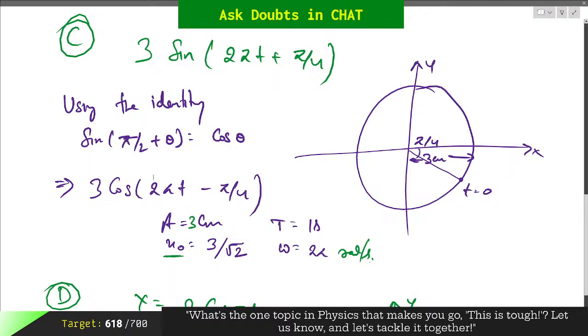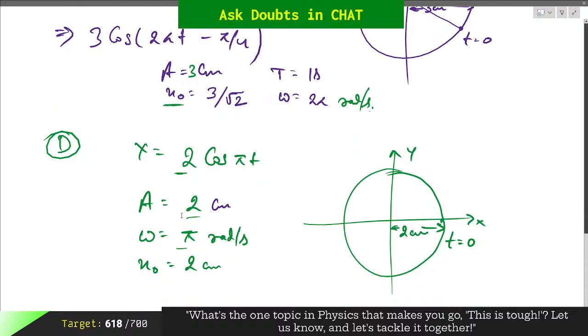So amplitude is the coefficient of this cosine function, that is 3, and x naught, the position at t equals to 0, is 3 cos of minus pi by 4, that would be equal to 3 by root 2, and omega is 2 pi radians per second, that is the coefficient of t.